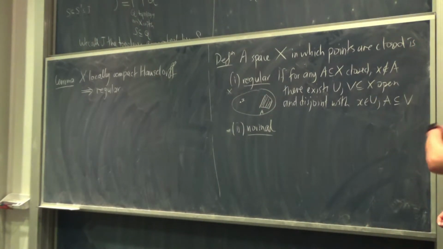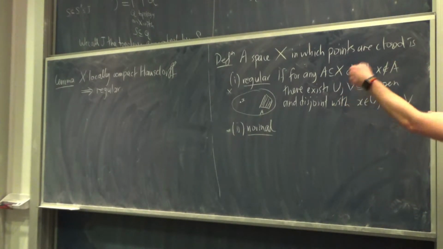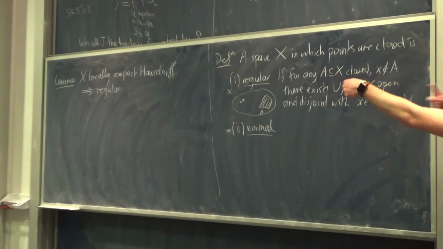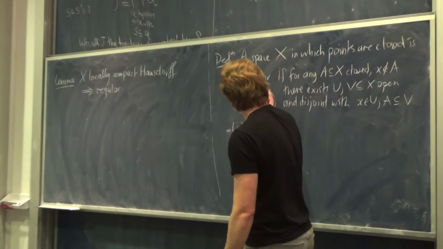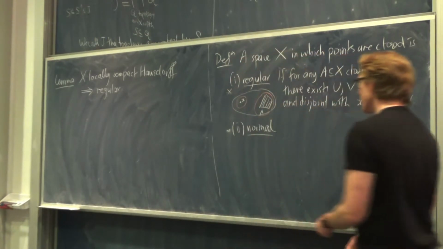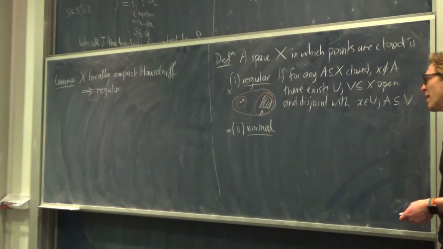Remember, Hausdorffness said if I have two points, then I can find a pair of open neighborhoods which separate them. This is a special case, as long as points are closed. And this says I can do the same where one of the pair is instead a closed set, which is not automatic from being Hausdorff, incidentally.